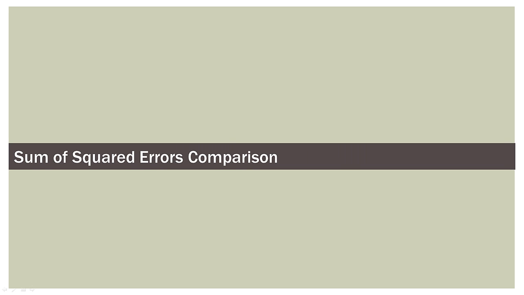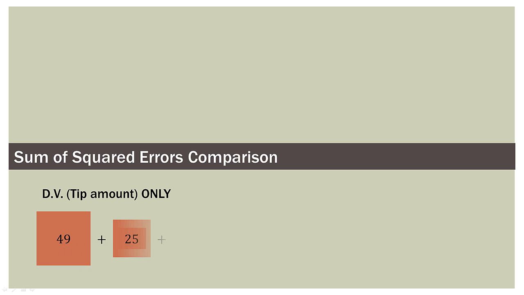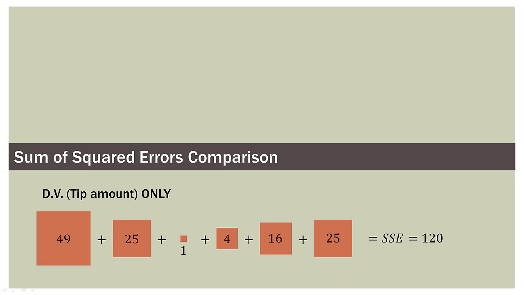Now, let's compare the sum of squared errors from our 2 models. Now remember, in the first model, where we only had the dependent variable, which was the tip only, we had a sum of squared errors, or SSE, of 120. And again, remember, that's also the SST for that model, so 120.